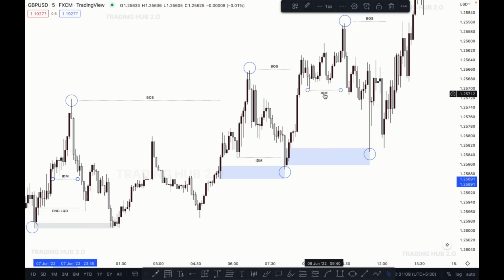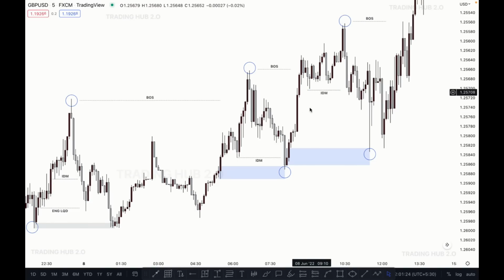In this case, the extreme order block, inducement and engineering liquidity, three things are similar, at the same point, right? This inducement and engineering liquidity are the same point, because below this there is no engineering liquidity available. So engineering liquidity and inducement are both similar at this point, okay? Then the market taps on this extreme order block and pushes higher.